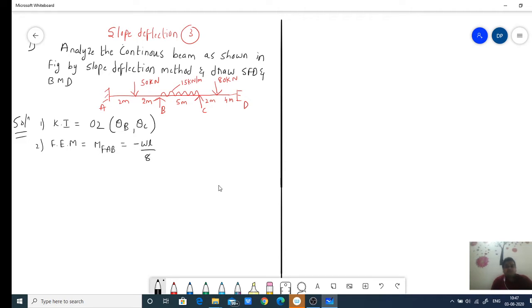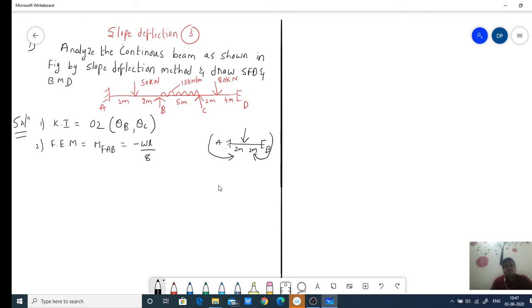How this minus came, I will show here. I am fixing both A and B. This is A, this is B, and this is the point load, 2 meter and 2 meter. MFAB means it will be like this, and MFBA if I am talking, it is like this.